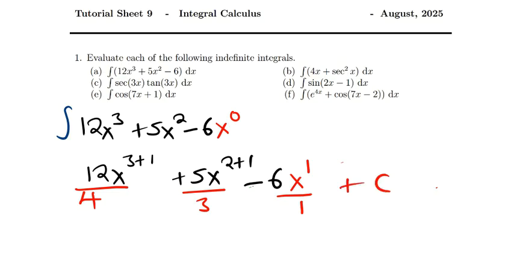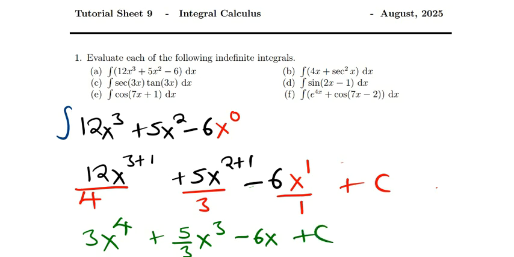Then that would basically result in 2. So 12 divided by 4, that would be 3x to the power 4, plus 5 over 3 x to the power 3, minus 6x, plus c. That is our first integral result. Okay, simple and straightforward.